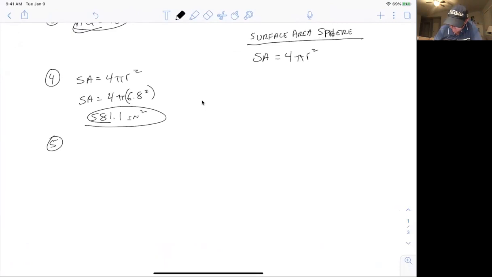Okay, so this one's a little different. We're going to talk about a hemisphere, so half of the sphere. So we've got something that looks like this, and it doesn't give me the radius, so I can't really just plug that in. It tells me the circumference of the great circle, which is this part on top, right?